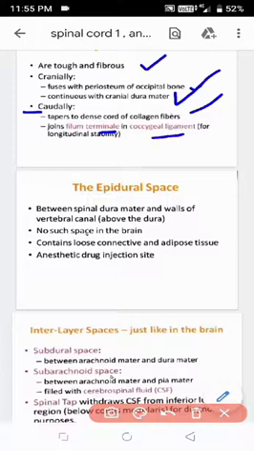We already saw that. Okay. The epidural space means the space between the dura mater and the wall of the vertebral canal. There is no such space in the brain. It contains loose connective tissue and adipose tissue.